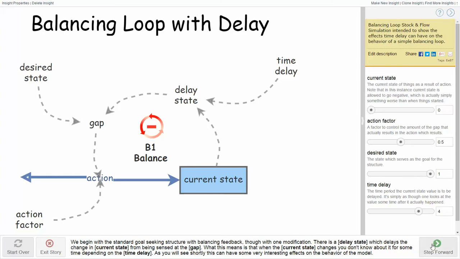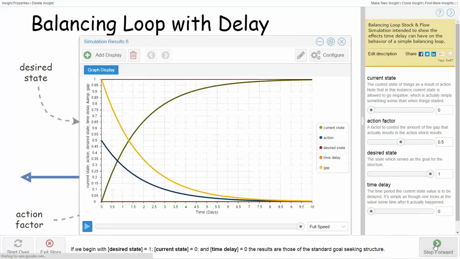So if we run this in the simplest form with no delay, this is the goal. The current state starts at 0 and increases toward the goal over time, and as it does, the gap gets smaller and the amount of action declines.